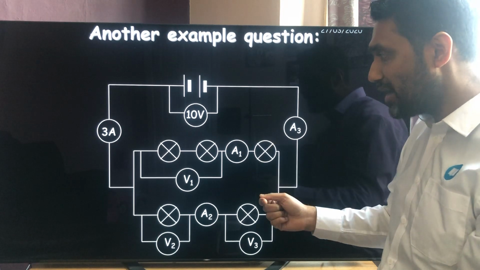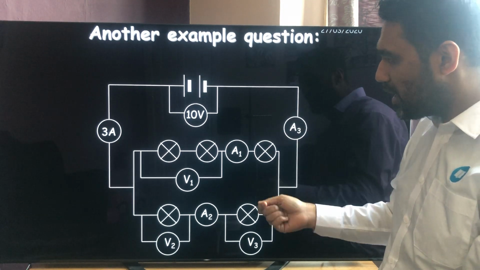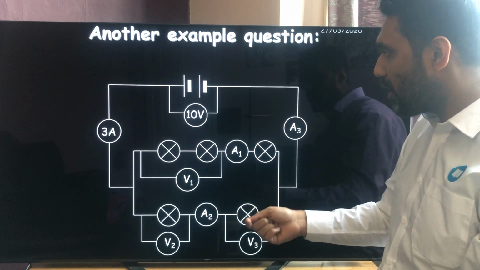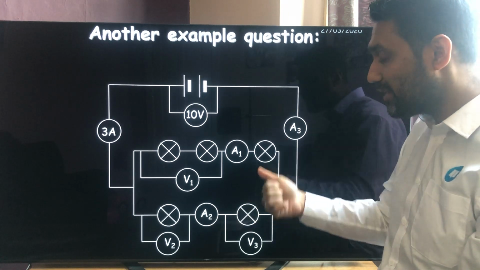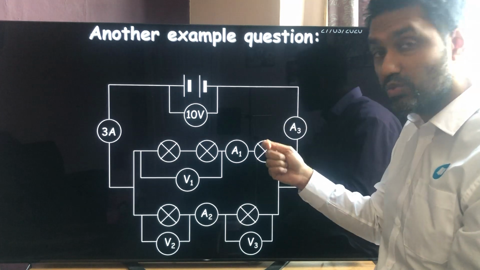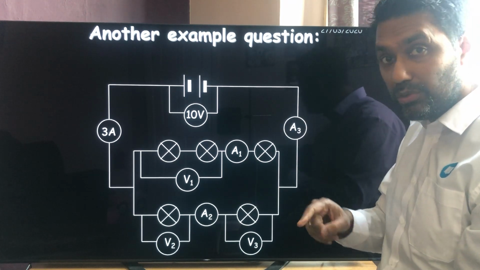So 3 over 5, which is 0.6, times 2 gives me 1.2. So one of my results is 1.2. If I do 0.6 times 3, it's 1.8. So my two numbers are 1.2 and 1.8.